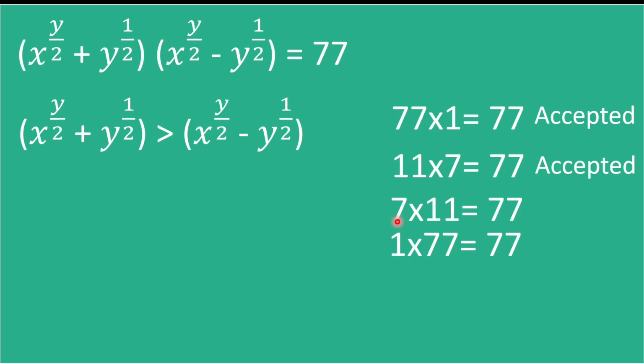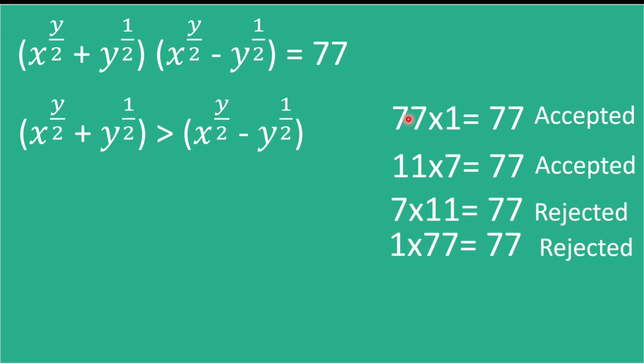But if we put this value equal to 7 and this value equal to 11, it is not acceptable because this value must be greater than this value. So this factorization is rejected, and with the same logic the other factorization is also rejected.